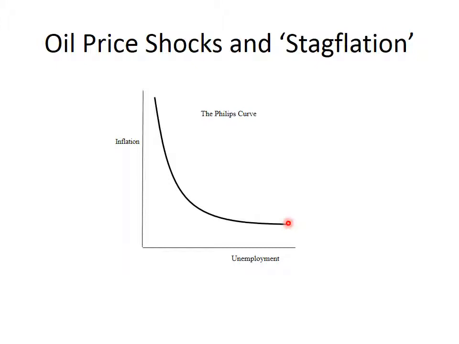That'll force demand down because there won't be enough money in the system. That'll force producers to reduce production. When they reduce production, they don't need as much labor, and so they're going to start laying people off and unemployment will rise. And so as inflation drops, unemployment rises. As unemployment drops, inflation rises. That is traditional economic theory.